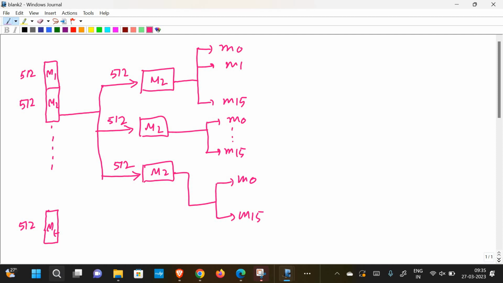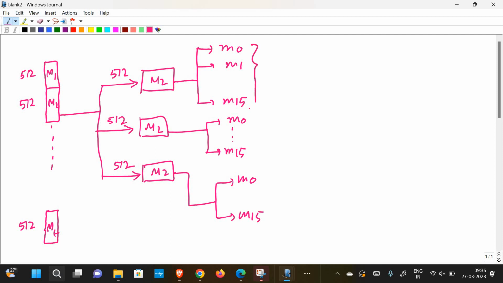Now, these M0 to M15 are nothing but 32-bit words. These words will go through that process of XORing that I told you in the first diagram, based on the specific function for that particular round. See the complexity, how it comes in.